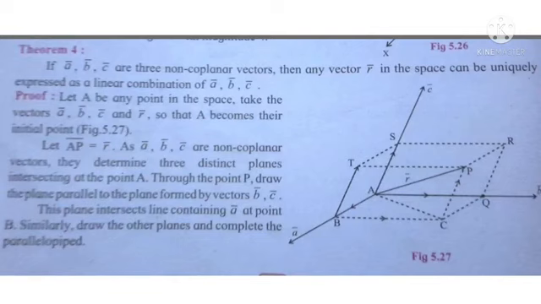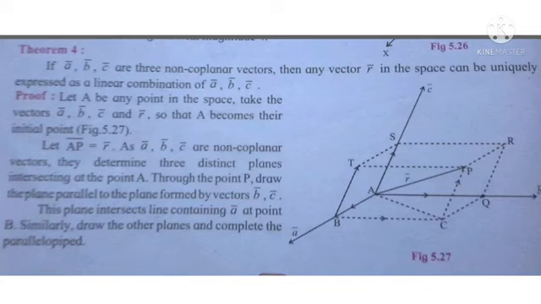Next is one more theorem, the last theorem. If a bar, b bar and c bar are 3 non-coplanar vectors, then any vector r bar in the space can be uniquely expressed as a linear combination of a bar, b bar and c bar. You remember only the statement of this theorem.